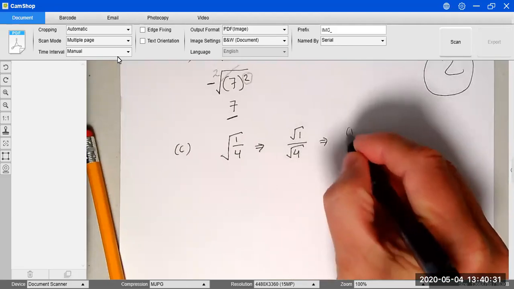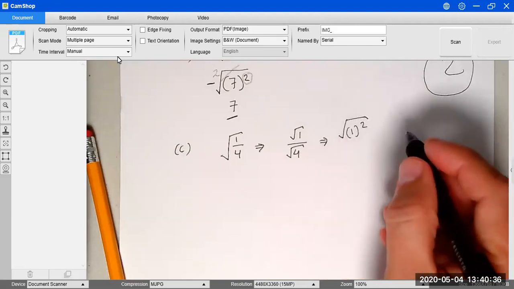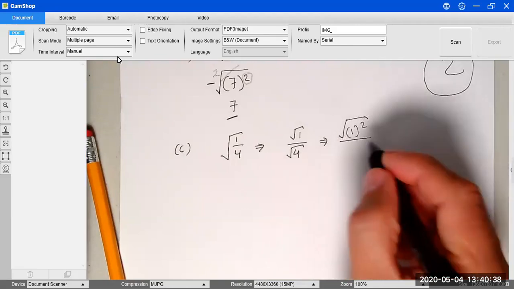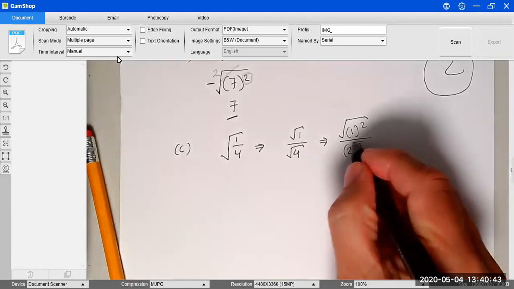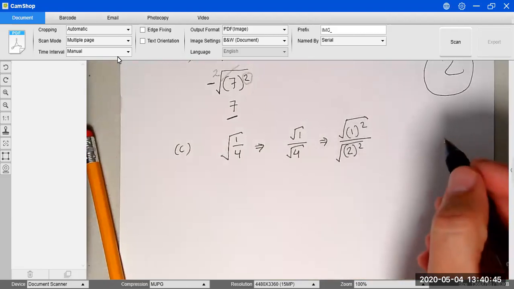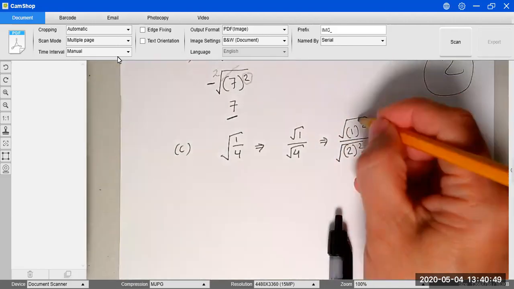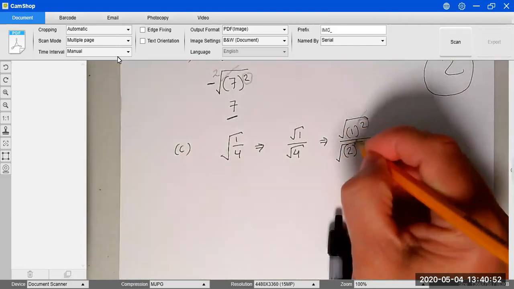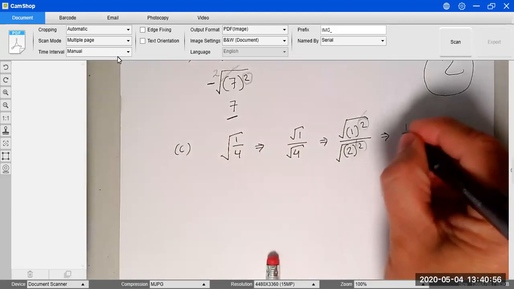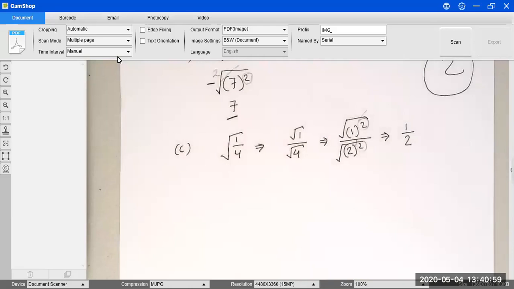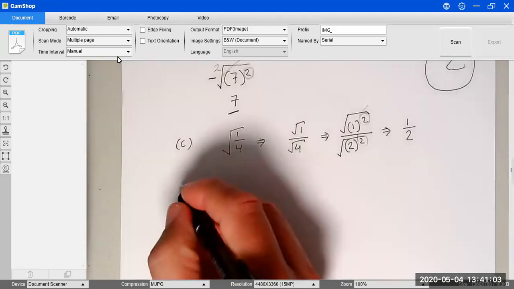So 1 is 1 squared, we still have the radical sign, and 4 is 2 squared, and then we have the radical sign. In this case, again, you can just remove the radical sign and the exponent, the radical sign and the other exponent. So you end up with 1 over 2. So that's this exercise. Then the last one.